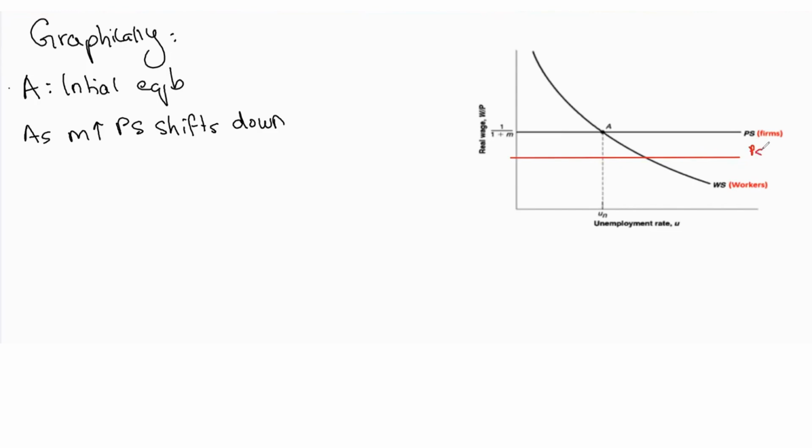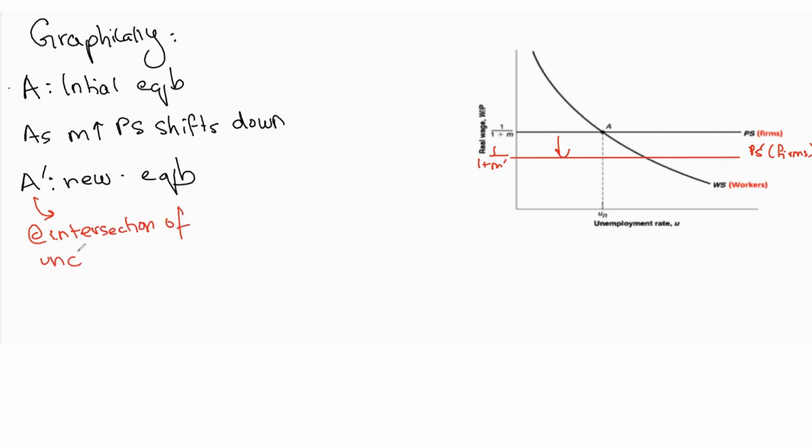So this is PS prime, and we know it represents the real wage firms are willing to pay. The real wage they're willing to pay has gone down. So our PS curve has shifted down. Right, so this is what has happened. So as PS shifts down, now the new equilibrium would be A prime, which would be at the intersection of unchanged WS and new PS because the markup affects the PS and not the WS in this model.